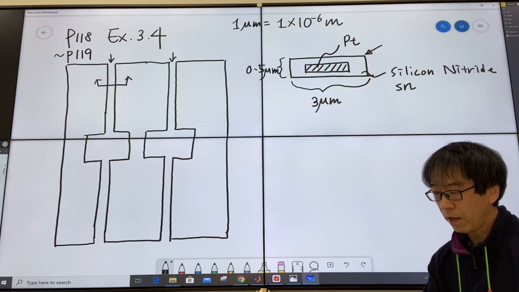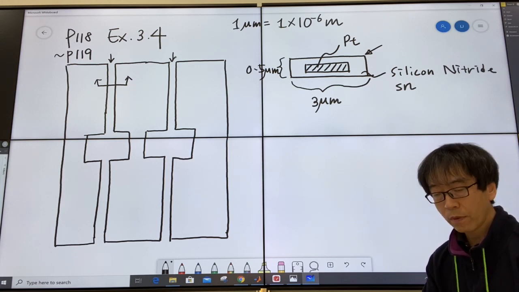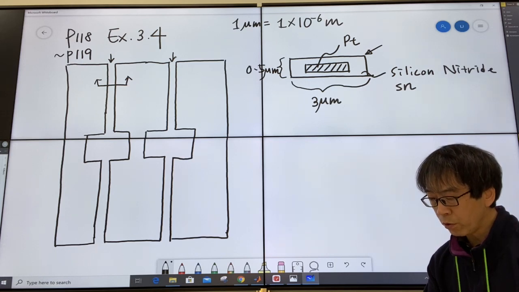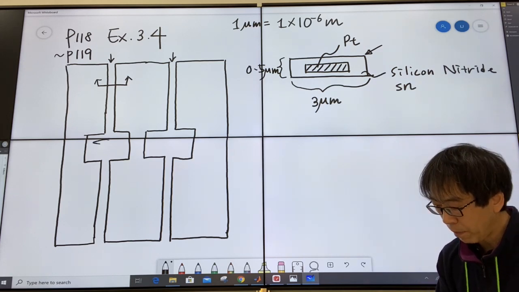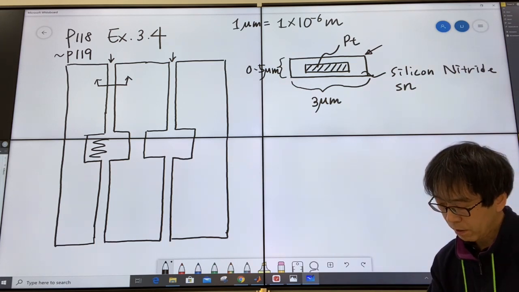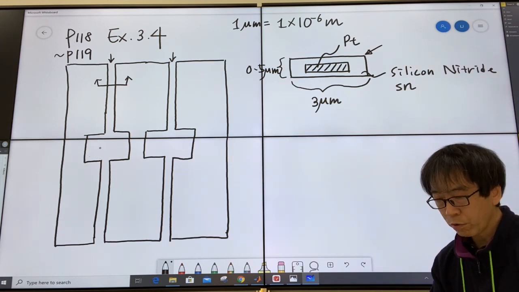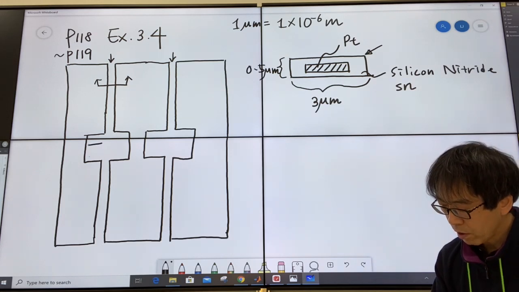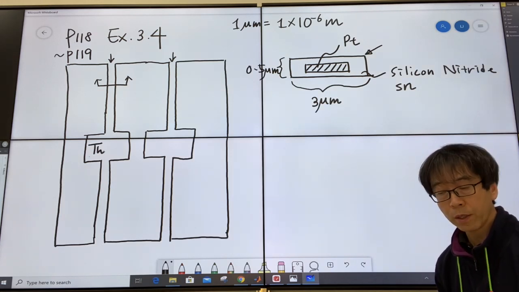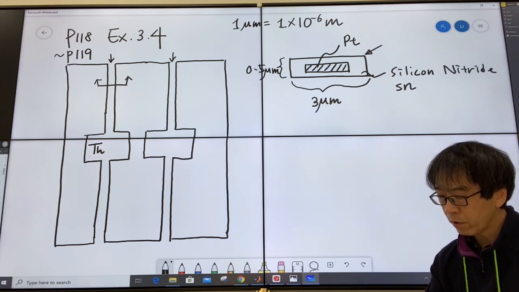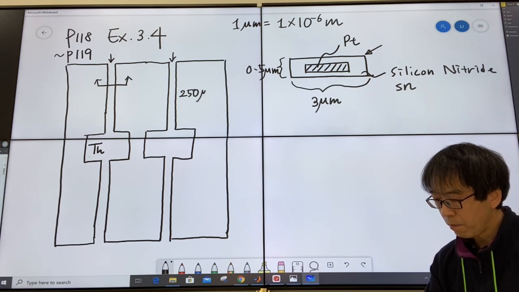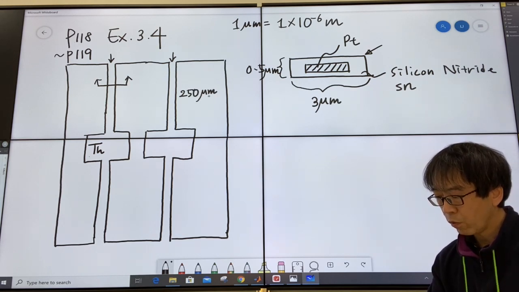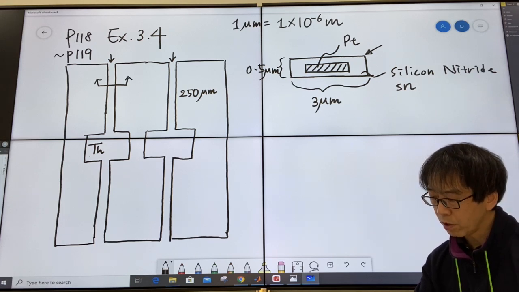So there are platinum wires going through, and what they do is use one of these structures as a heater, so that there might be some kind of heater pattern in the middle. It will produce the heat, at temperature TH. The length of this whole structure is 250 microns. We call this the supporting structure.